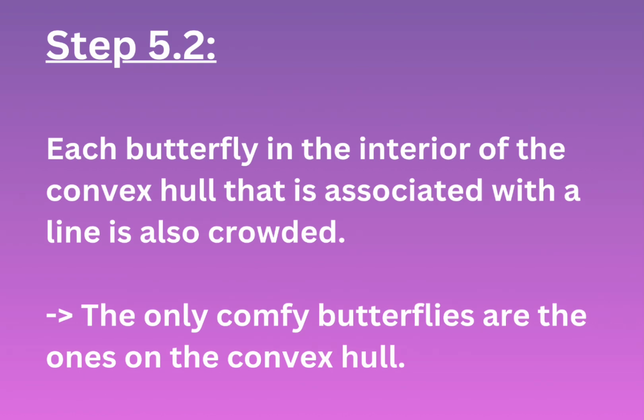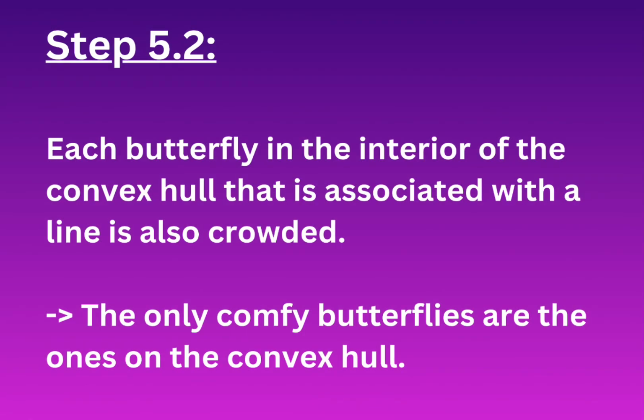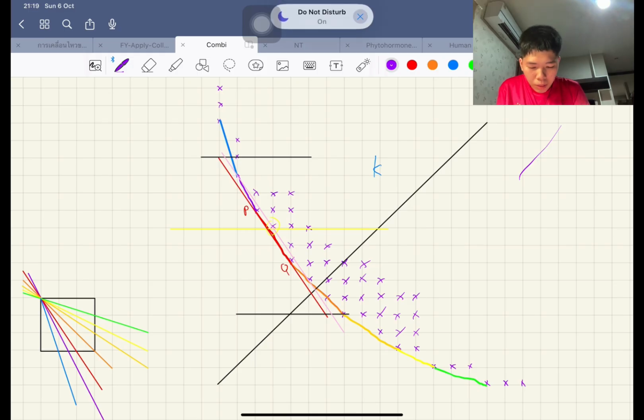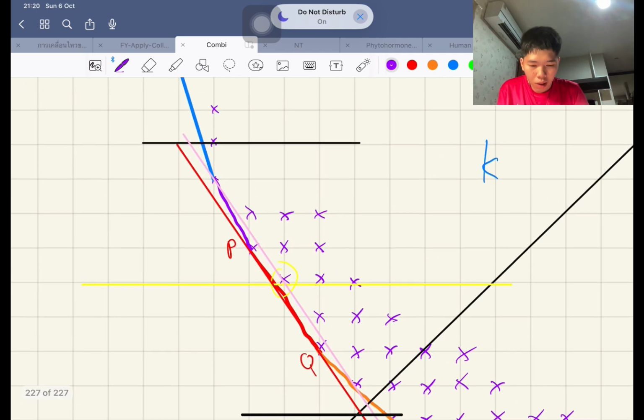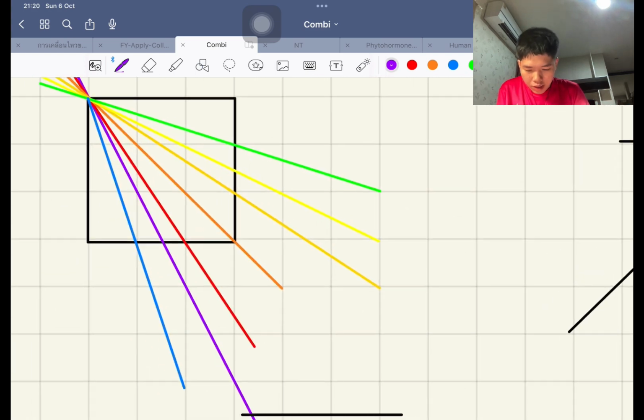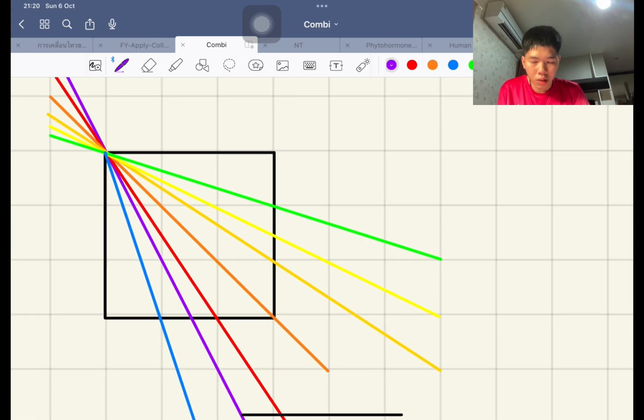And the only comfortable butterflies in the whole configuration are the ones that are right on the convex hull. And this allows us to biject every single point on the convex hull of this curve right here back to this square that we drew.